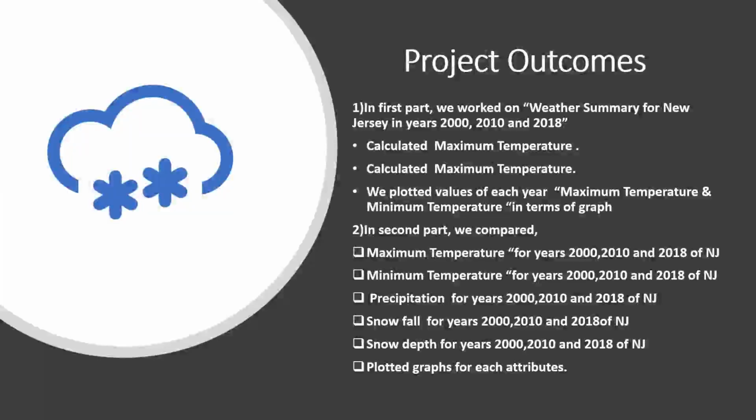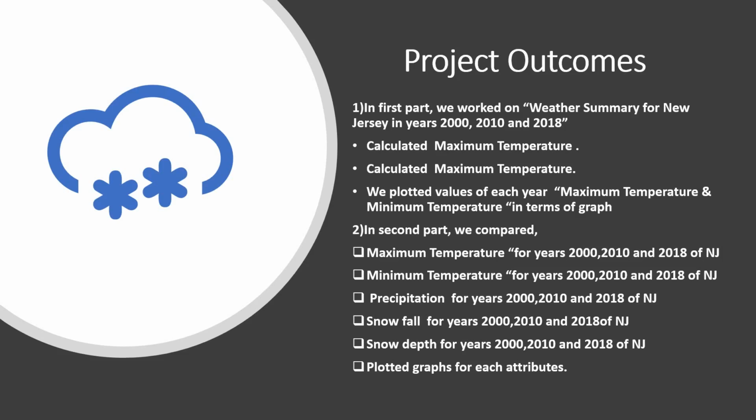Hi, my name is Sarah Mehman, and in this slide I will discuss project outcomes. In the first part, we work on a weather summary for New Jersey in the years 2000, 2010, and 2018.